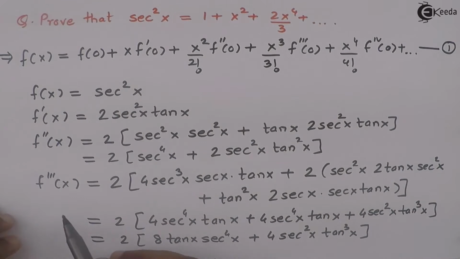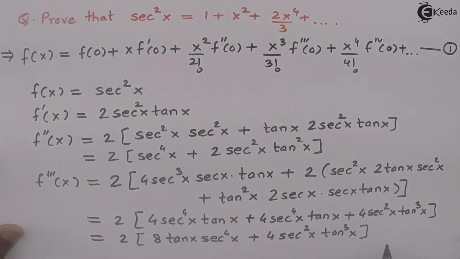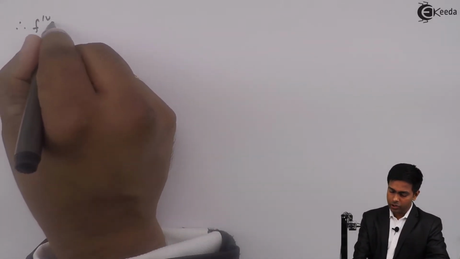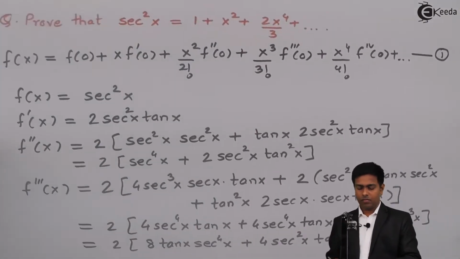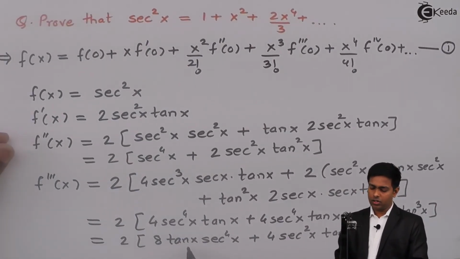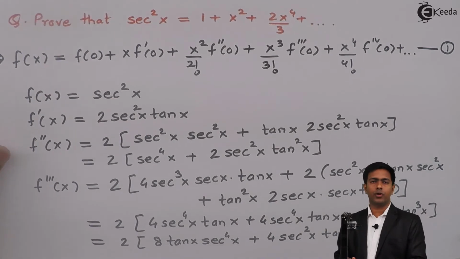And now we'll find out the last derivative, that is f fourth dash of x. So we'll find the derivative of this term. Therefore f fourth dash of x equals 2 as it is, here 8 is a constant, and here we'll apply the product rule. Now the derivative of tan x is sec square x and sec raised to 4x as it is.